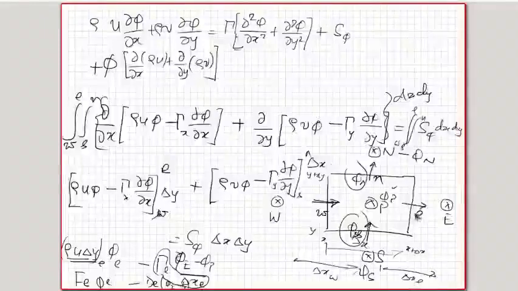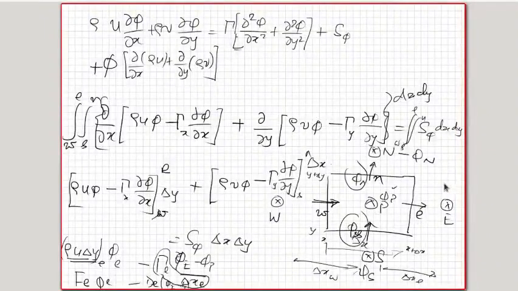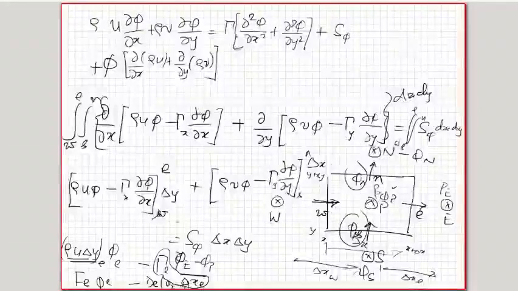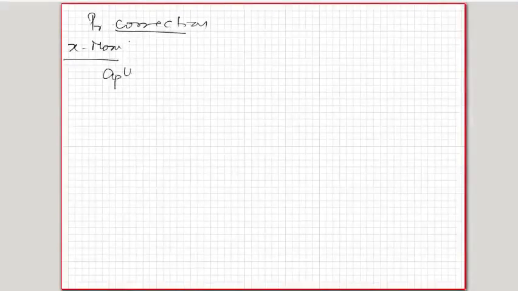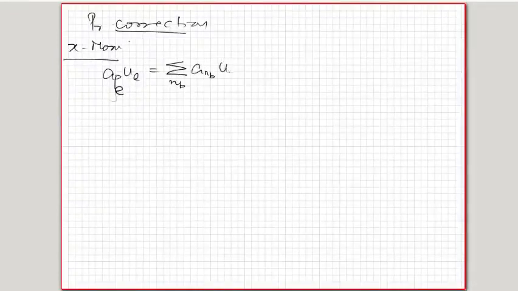So AP for this eastern control volume for velocity would be in terms of the pressure at east and the pressure at point P. If I write the x momentum equation, you will get AP for the eastern control volume, APE UE, equal to the summation over the neighbors of, let's call it A neighbor, U neighbor, which is actually AE, AW, AN, AS corresponding to the UE, plus the B term, which will actually contain the pressure.